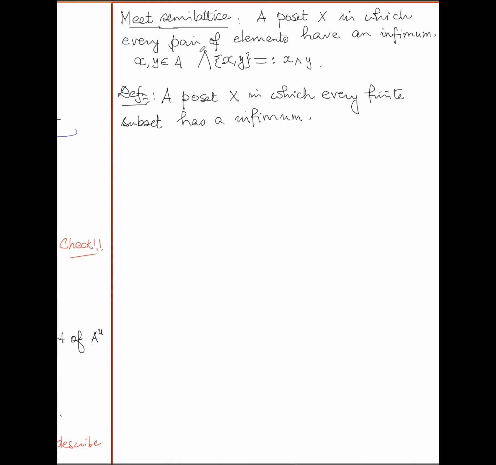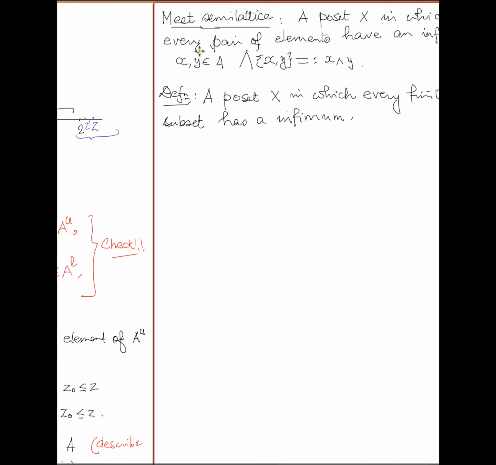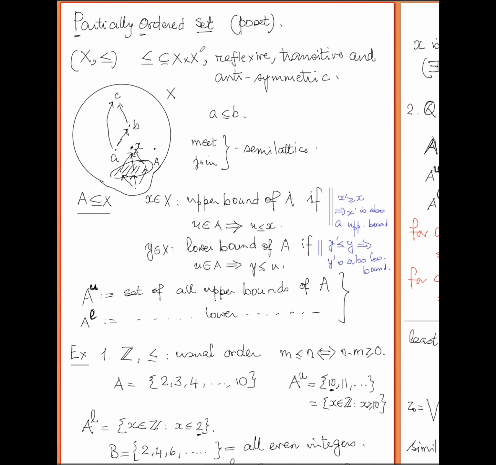But I cannot still use the word finite because I have not said anything about the empty set. And why do I make such a restriction? So coming back then, the next question is immediate. What is the set of upper bounds of the empty set? So what is this?